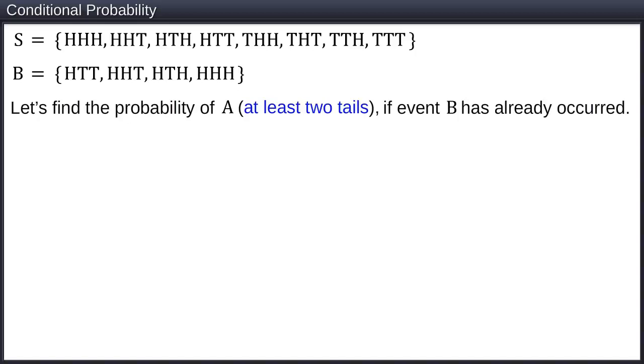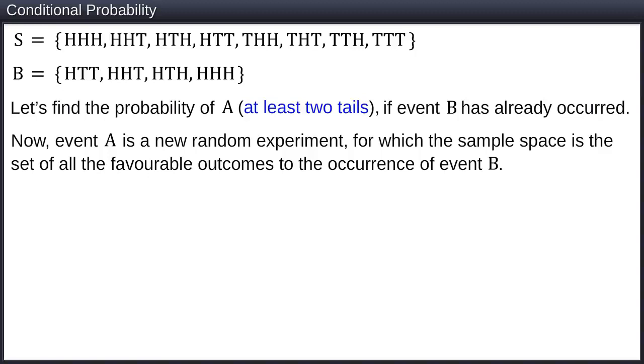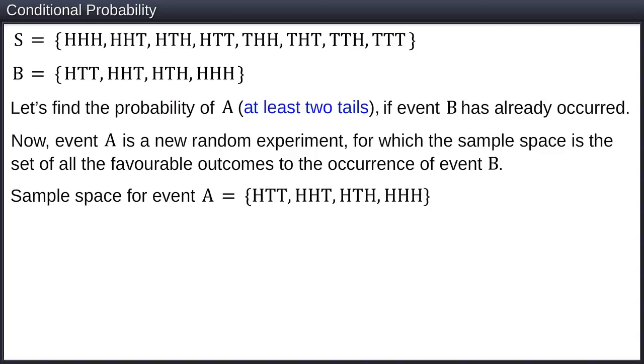In such a case, the sample space for event A will be the set of sample points of event B. In other words, event A is a new random experiment for which the sample space is the set of all the favorable outcomes to the occurrence of event B. And event A is the appearance of at least 2 tails. Therefore, the sample point of B favorable to the occurrence of event A is HTT.